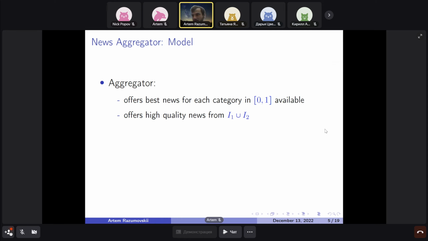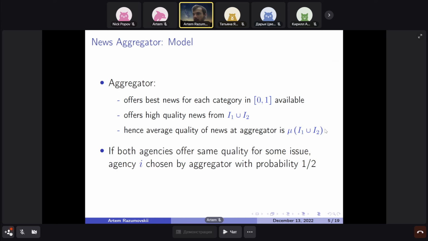So if they have good quality on agency 1 and 2, the aggregator provides the high quality news on the union of these intervals, and we can see that the resulting quality of the aggregator will be mu, our measure of the union of these two sets.